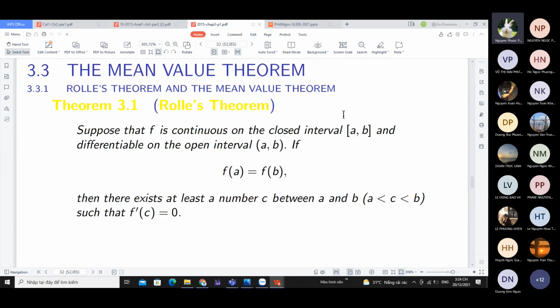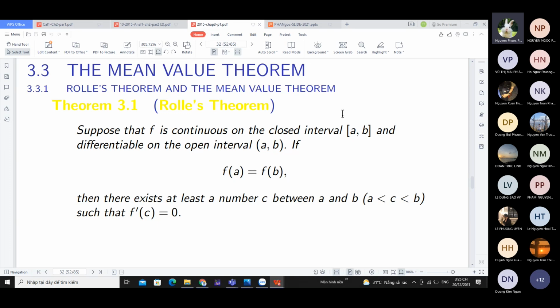All right. Now we go to one of the most important theorems in this chapter. It is called Rolle's theorem. And sometimes we call it the mean value theorem. So here, suppose that the function f is continuous on the closed interval AB and differentiable on the open interval AB.